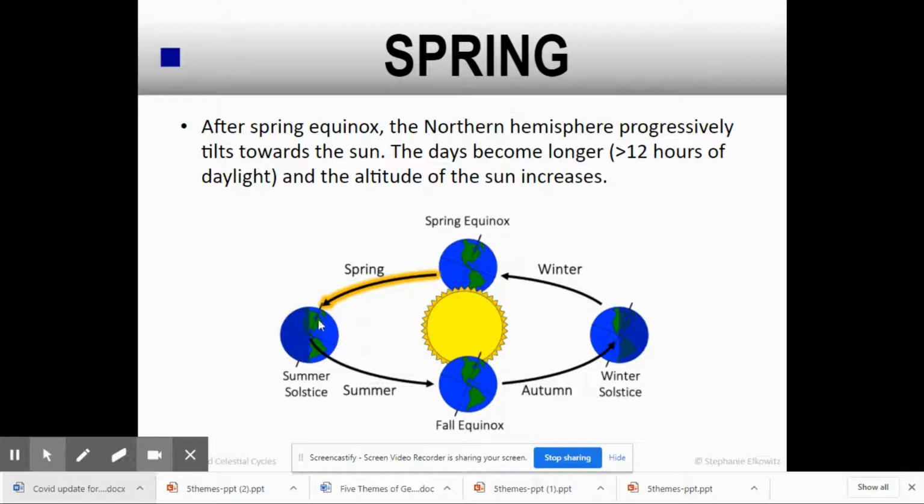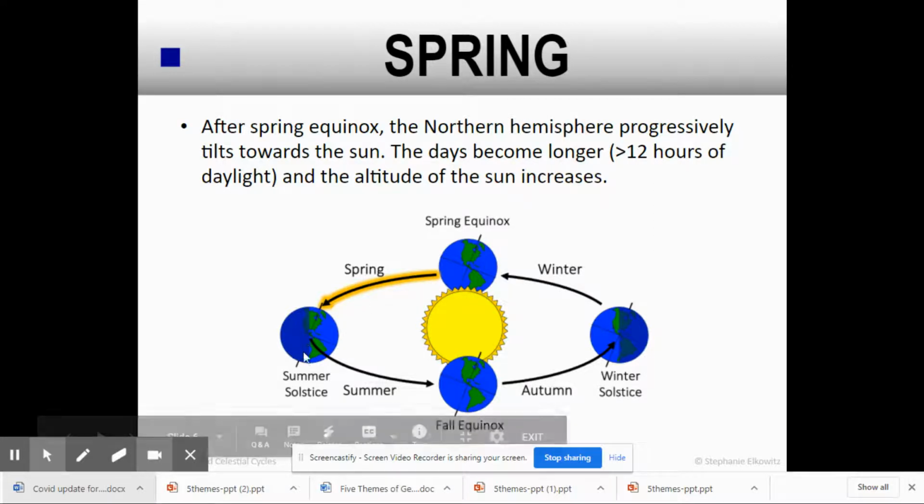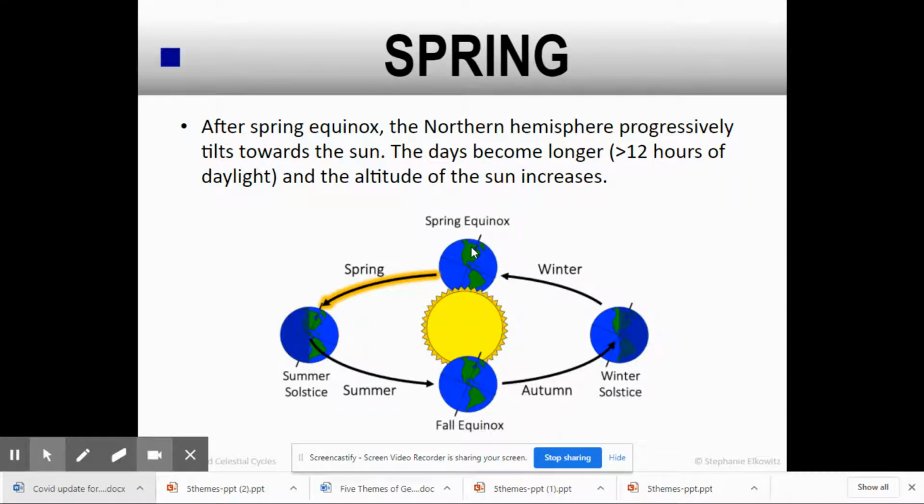This is still in regards to Earth's orbit around the sun. After the spring equinox, the northern hemisphere progressively increases its tilt toward the sun. Notice from the spring equinox to spring, notice that tilt. It's becoming closer to the sun. The days then become longer, we get more daylight, and the altitude of the sun increases.